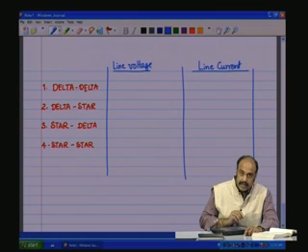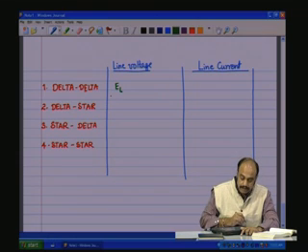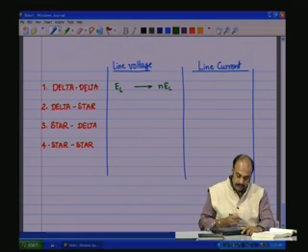Now in the case of the delta-delta, if we apply a line voltage EL on the primary side, it gets reflected as n EL on the secondary side.